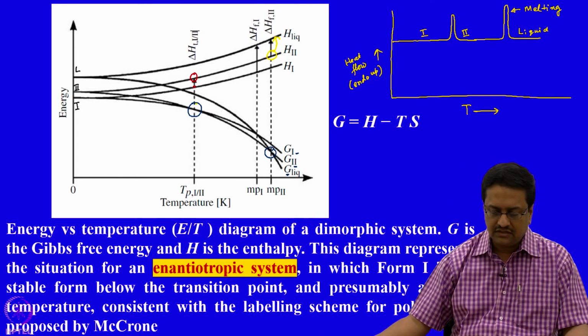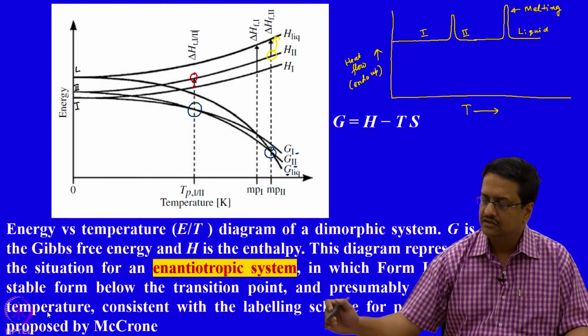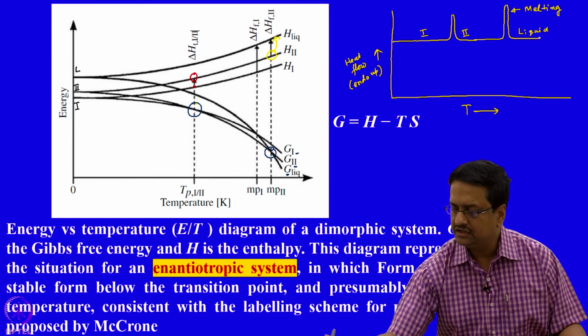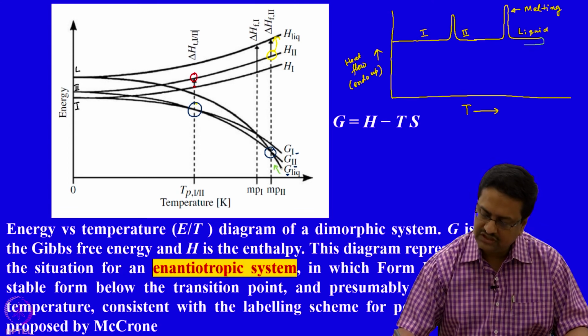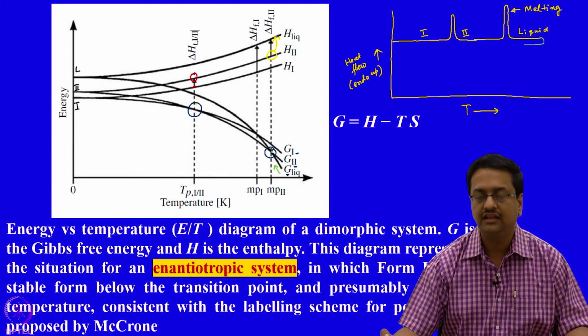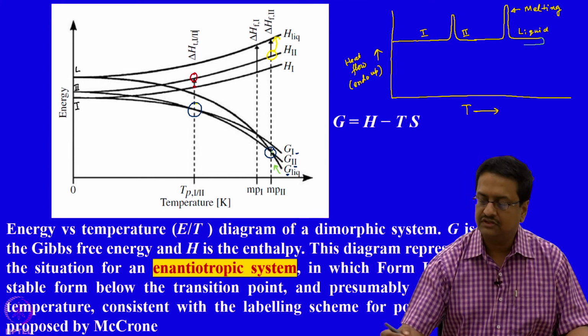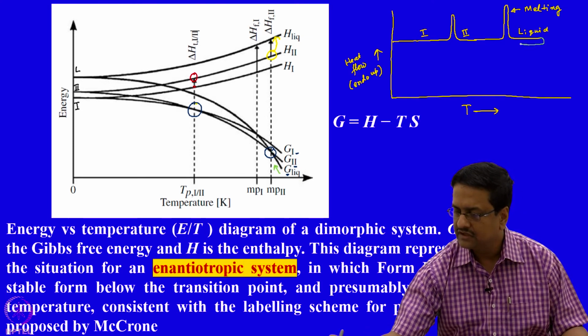Now, if we start cooling this molten liquid, what should happen? The liquid is being cooled from here backwards. That means, when the liquid crosses the G curve for phase 2, form 2 will crystallize, and crystallization is an exothermic process.